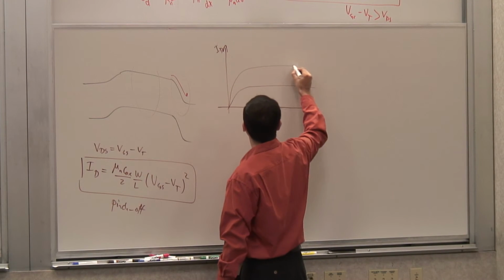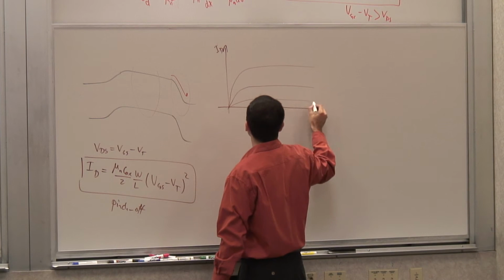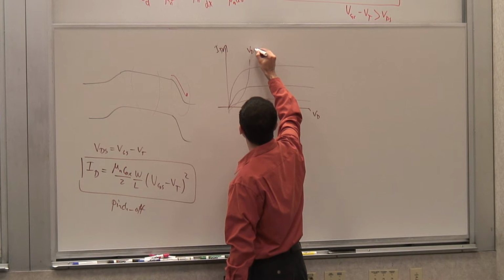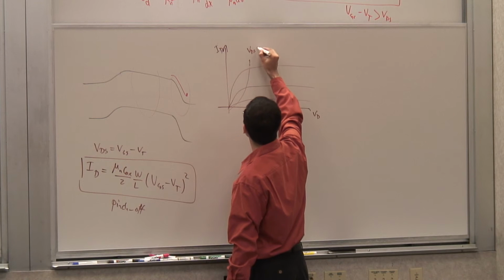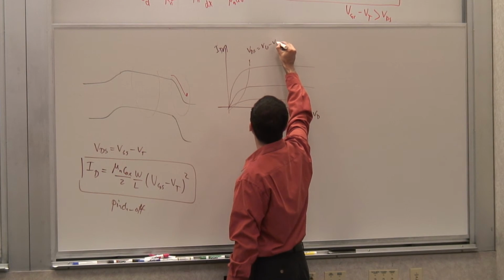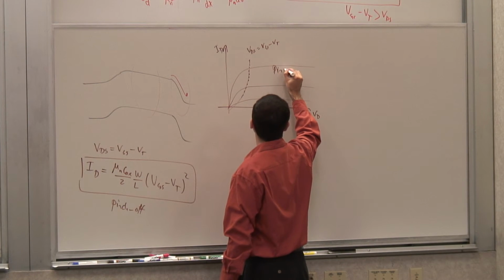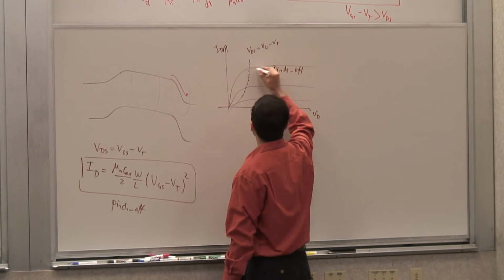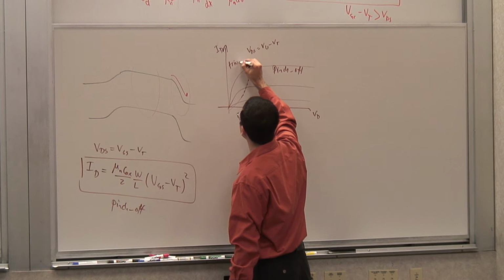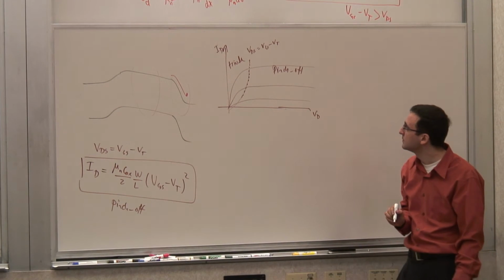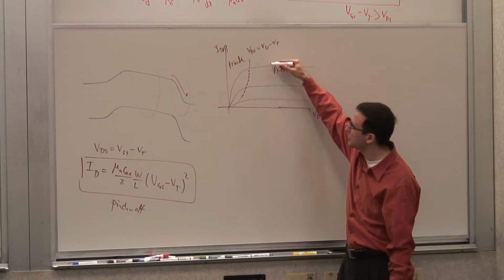You have another one for a different VGS, and then another for a different VGS. The border between these two regions is the line of VDS equals VGS minus VT. To the right of this, you have pinch-off, and to its left, you have the triode mode of operation. Again, according to the simplified model.